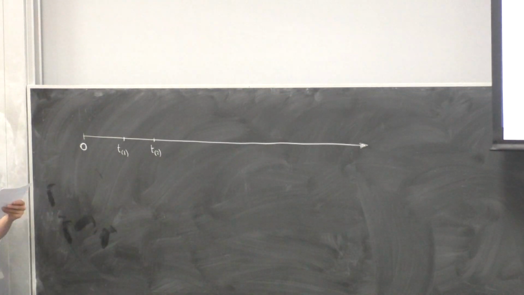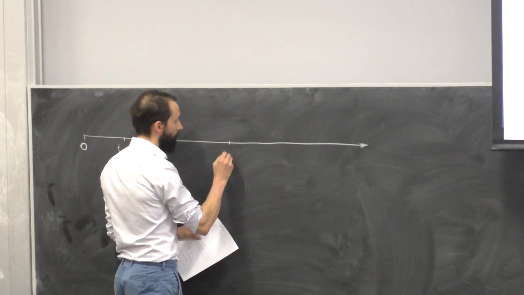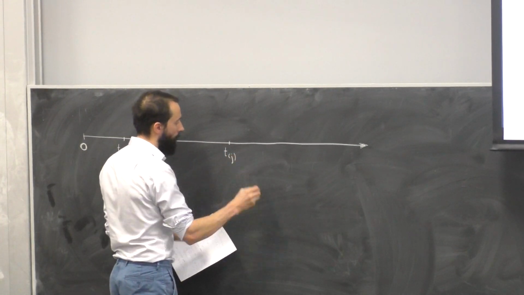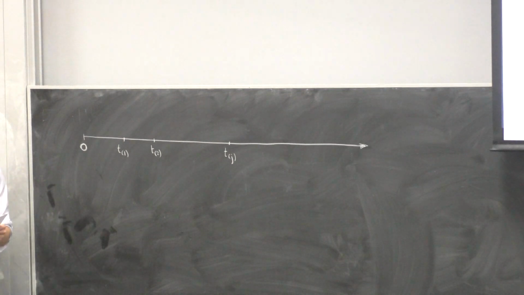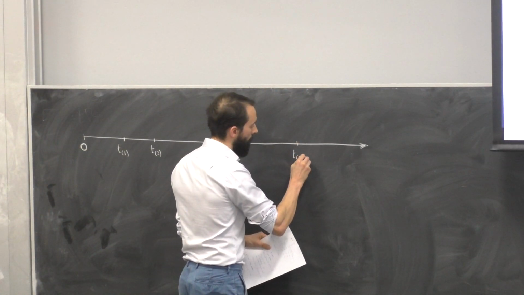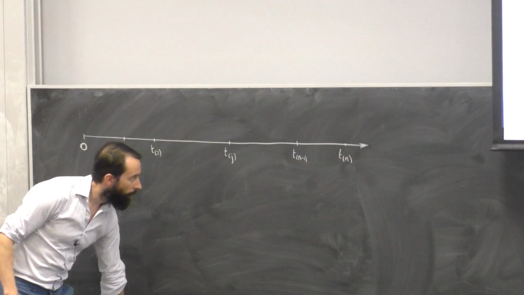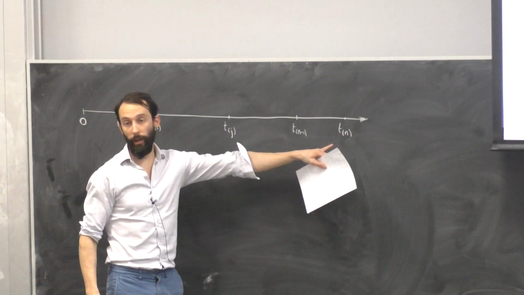The second time anybody failed was T2. And the jth time anybody failed was Tj, up to the people failing at the end.